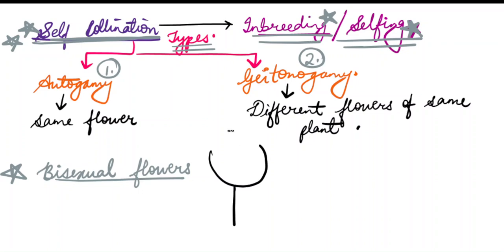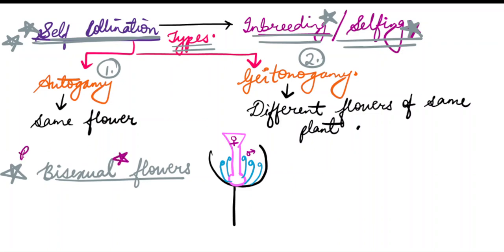It is having a female part, and it is also having a male part. If one flower is having both the parts, the female part and the male part, then we will say it is a bisexual flower.